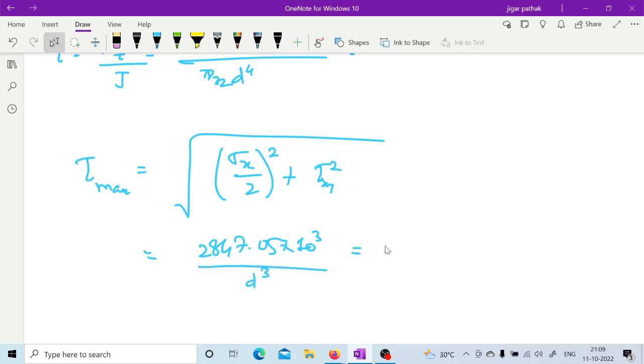This maximum shear stress is equal to 95, so it will give you a diameter of 31.06 mm.